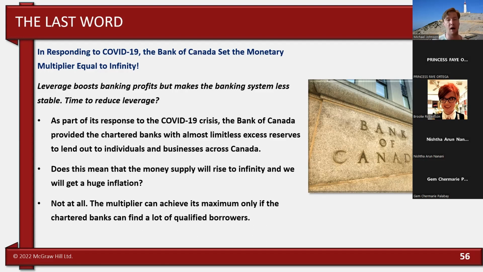As part of this response to the COVID-19 crisis, the Bank of Canada provided the charter banks with almost limitless excess reserves to lend out to individuals and businesses across Canada.